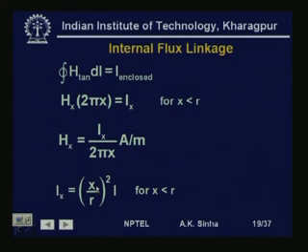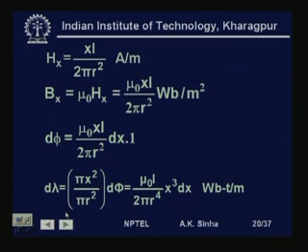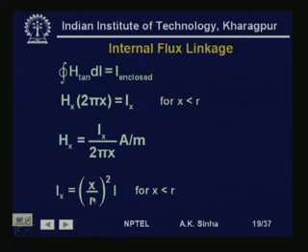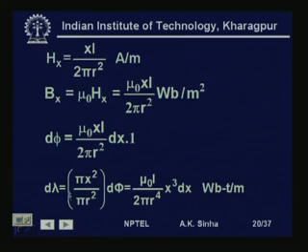Since we have assumed uniform current density throughout the conductor, this current Ix is x by r whole square into I, a fraction of the total current I. Therefore, we can write Hx is equal to x into I by 2 pi r square, substituting for Ix: x by r whole square into I. So, Hx is equal to xI by 2 pi r square ampere per meter, and from this field intensity we can find out the flux density Bx, which will be equal to mu 0 Hx, as we are using non-magnetic conducting material.